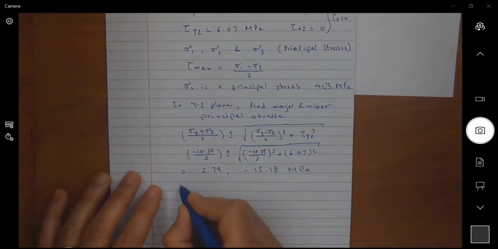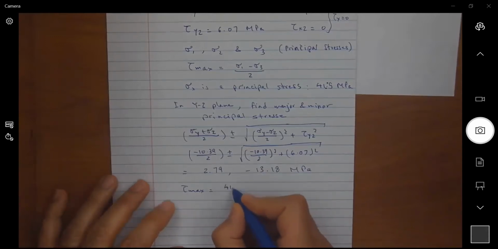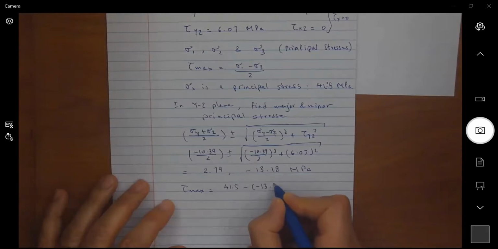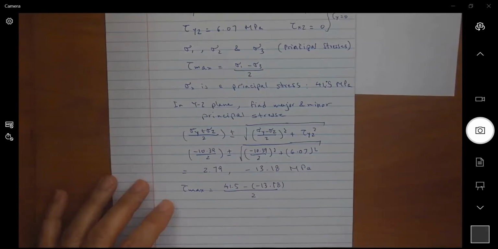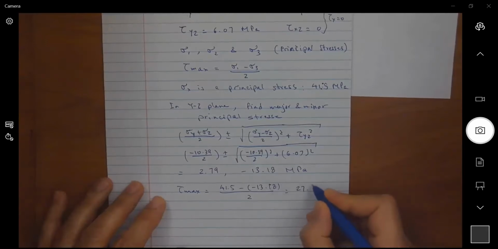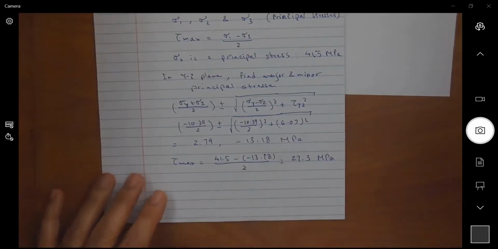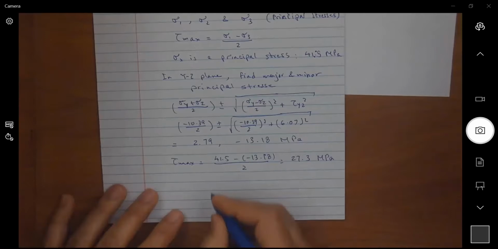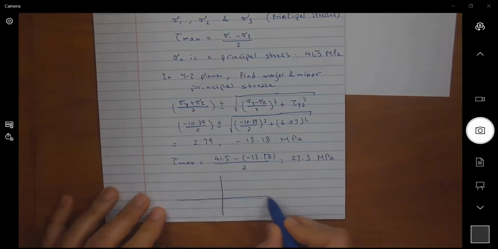So my tau max is going to be equal to 41.5 minus minus 13.18 divided by 2, which is equal to 27.3 megapascal. Now, I also want to bring your attention that you can plot a Mohr circle to represent these 3 circles for the 3 planes, and I know we're running out of time here.